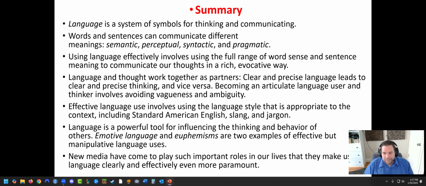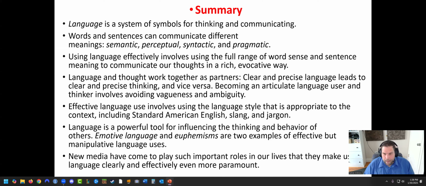So language is a powerful tool for expressing the thinking and behavior of others. And again, emotive and euphemistic language are language that tries to manipulate individuals. And then, of course, just in general, articulating your desires to individuals.